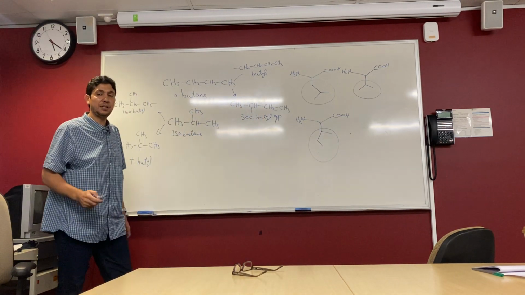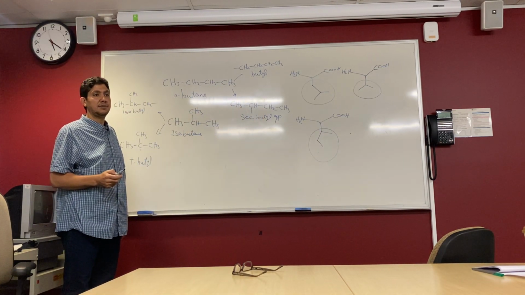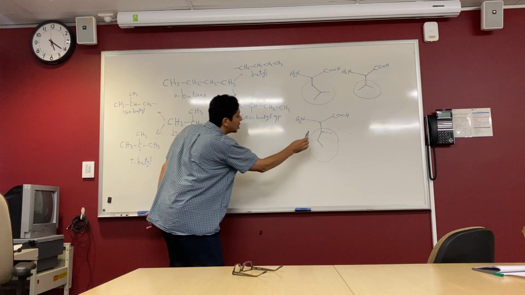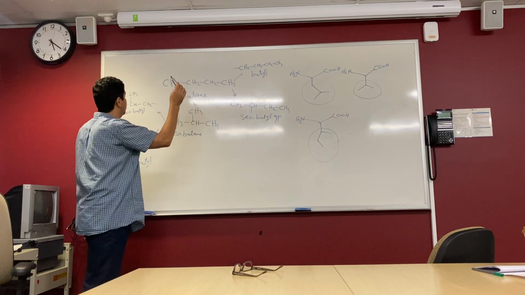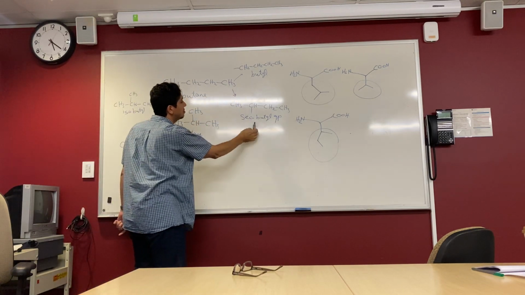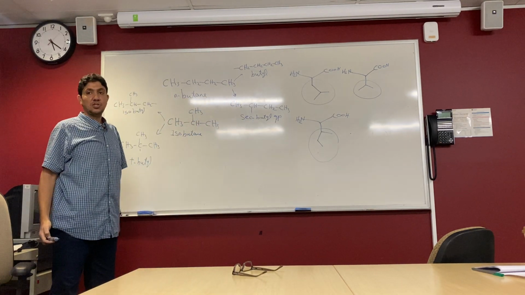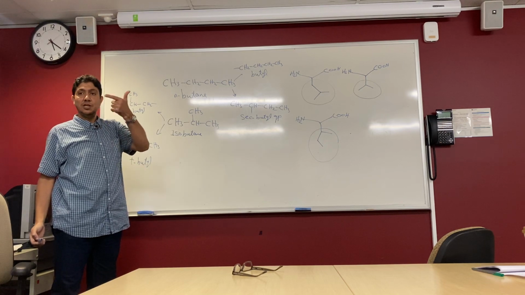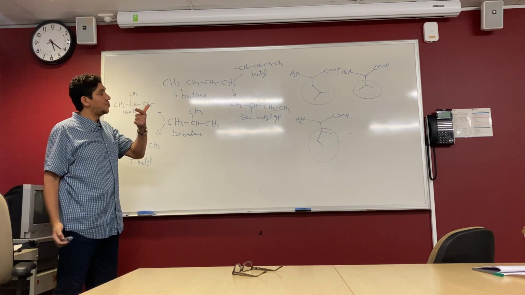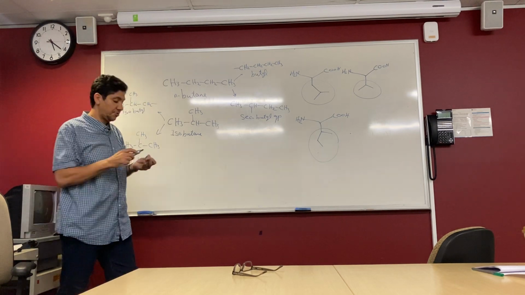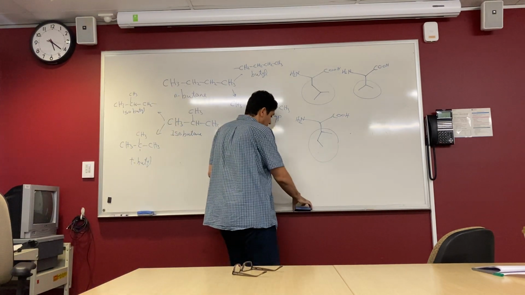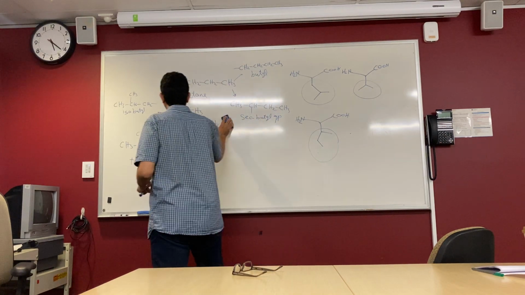If I attach it from here, it's attached from which carbon? Secondary carbon, right? So this is secondary butyl, like this one. So isoleucine, secondary butyl, leucine, isobutyl, valine, isopropyl, just to remind yourself. Okay.